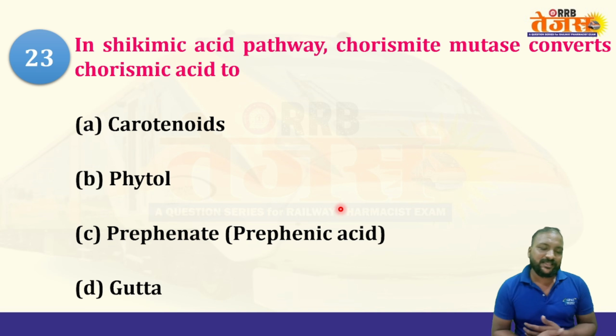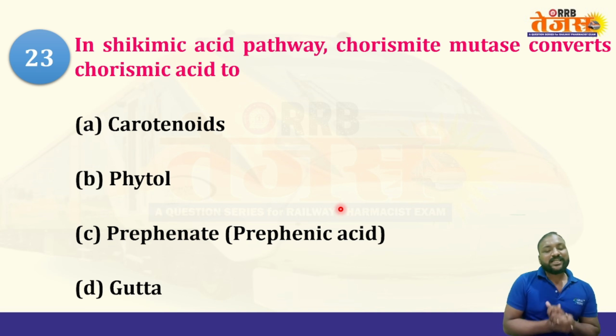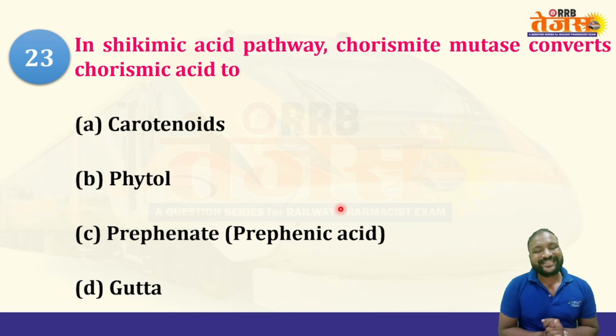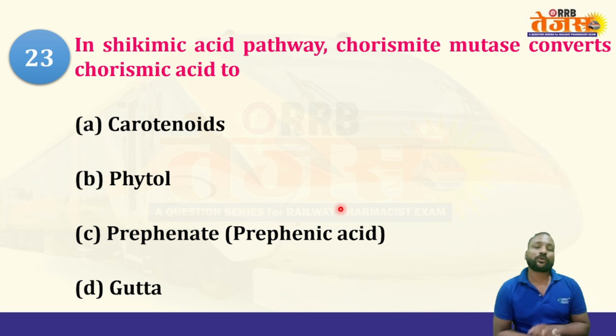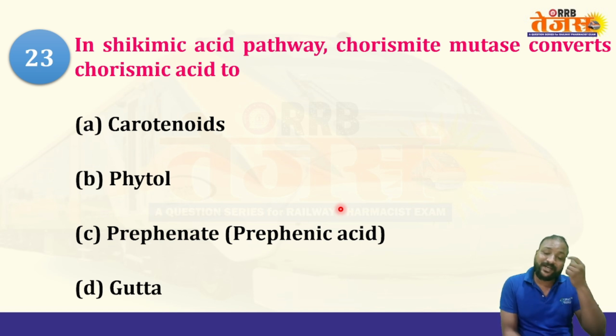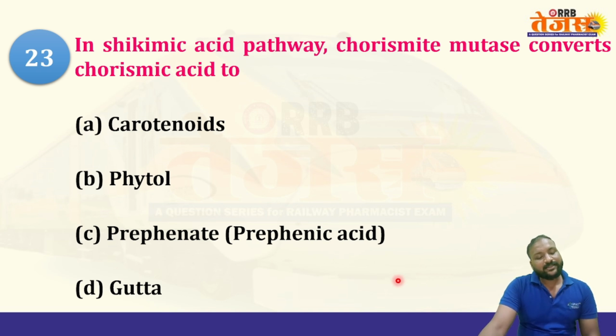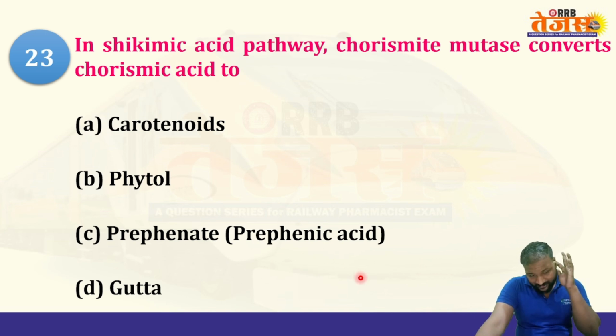23rd question in this series: in the shikimic acid pathway, chorismate mutase converts chorismate to what? In the shikimic acid pathway, the chorismate mutase enzyme converts chorismic acid into either carotenoids, phytol, prephenate or prephenic acid, or gutta. What is the answer here?